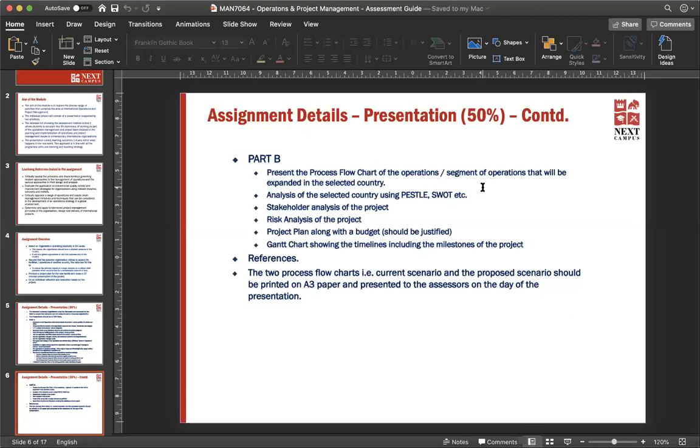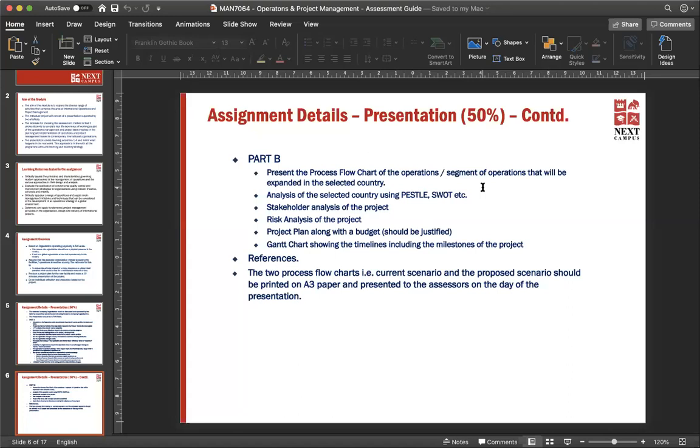Okay, right. Then you have to do the analysis of the selected country, using PESTLE, SWOT, whatever model you think is good, but PESTLE is actually the acceptable model. Then of course you'll be doing the stakeholder analysis for the project. Who are the stakeholders of the project?